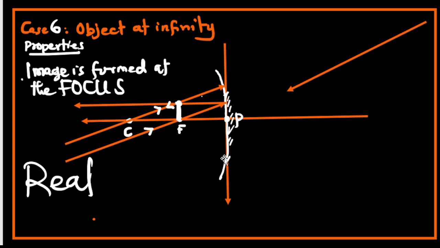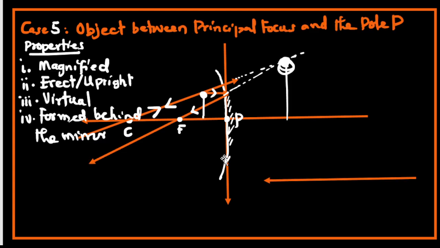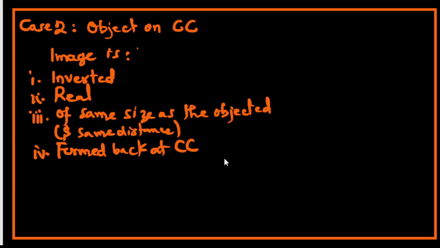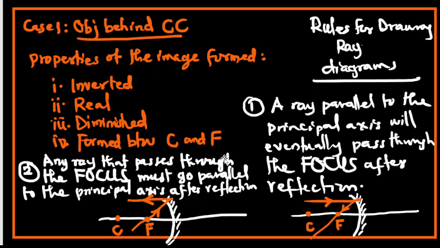Alright, conclusion now. Case 1. When the object is positioned behind the center of curvature, the image is always real, inverted, diminished, and formed between the center of curvature and the principal focus. Let me go back to case 1. This is it here.